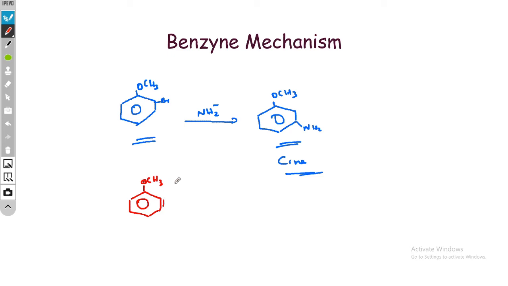But here the probability of attacking here and here will not be the same, because this OCH3 is an activating group, and if you look at the resonance structures of OCH3, you can see there will be a negative charge at the ortho and para positions. The nucleophile is already negatively charged, so there will not be attack here.